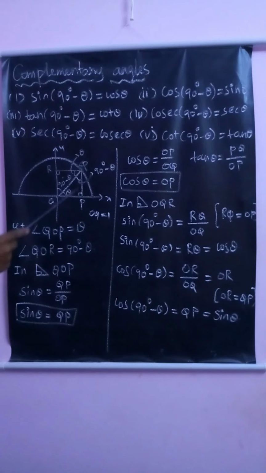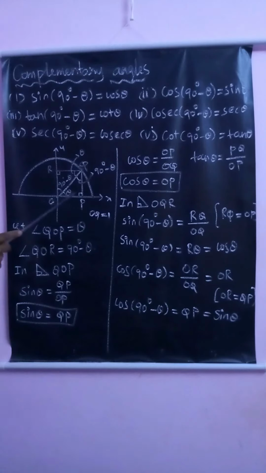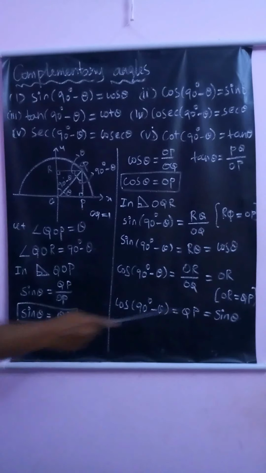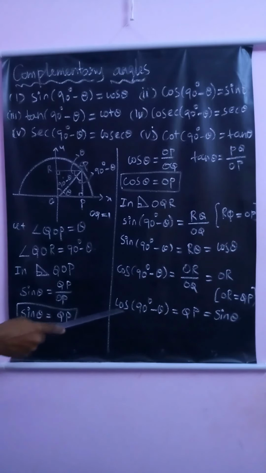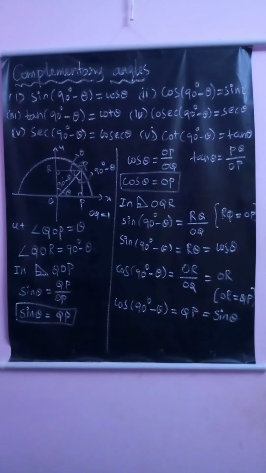Here OPQR is a rectangle, opposite sides are equal, so OR is equal to QP. QP is equal to sin theta. Finally, we get cos of 90 degree minus theta equals sin theta.